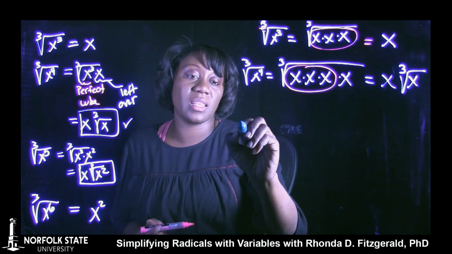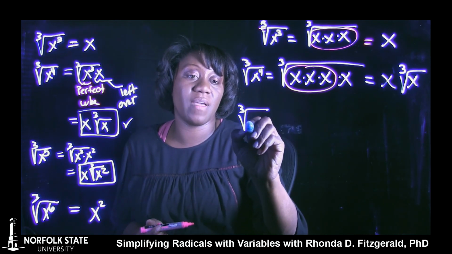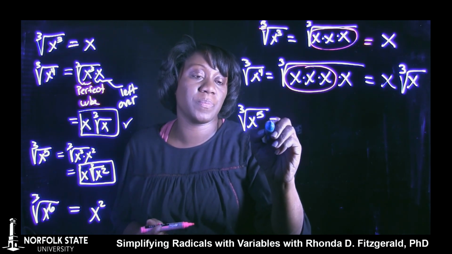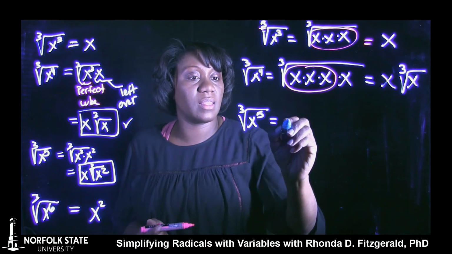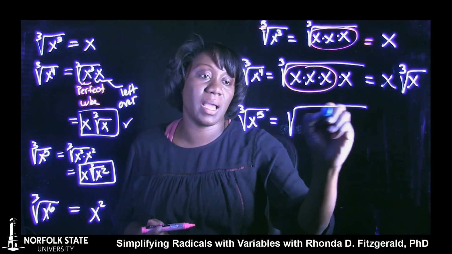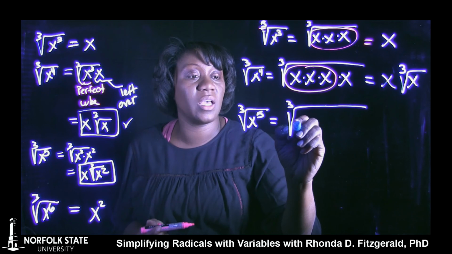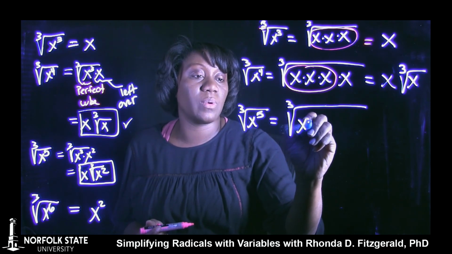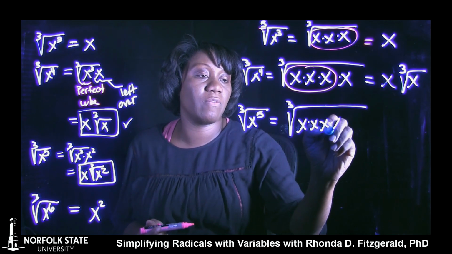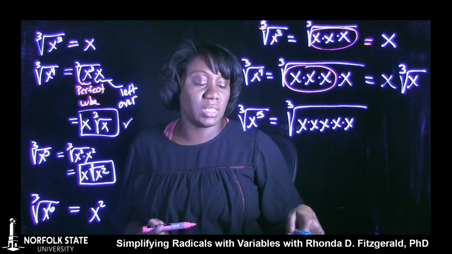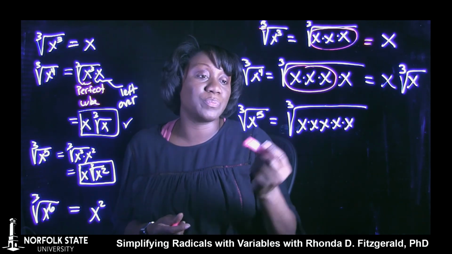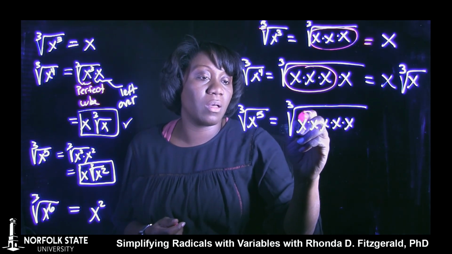So let's look at the cube root of x to the fifth. Cube root of x to the fifth. In this particular case, once again, my cube root, in this case, we need 5 x's: 1, 2, 3, 4, 5. And once again, I want to circle 3's.